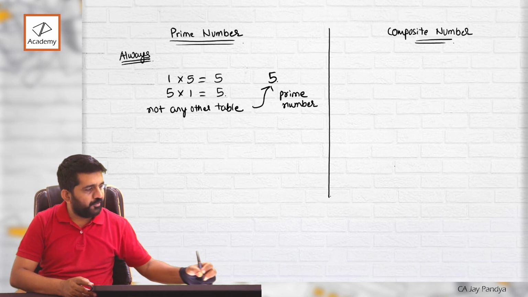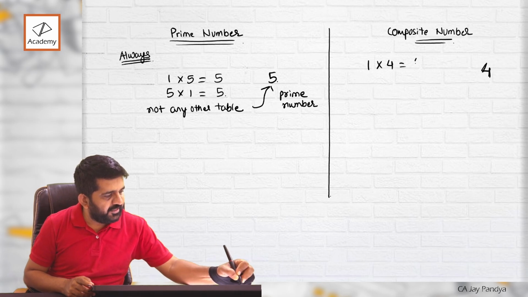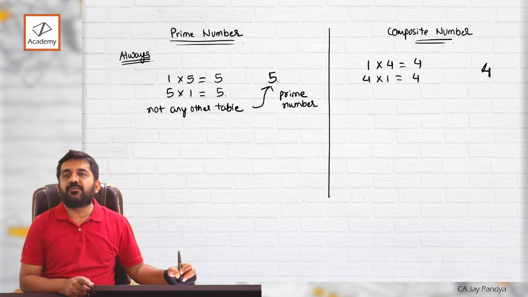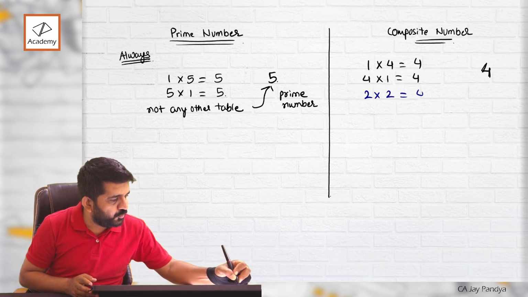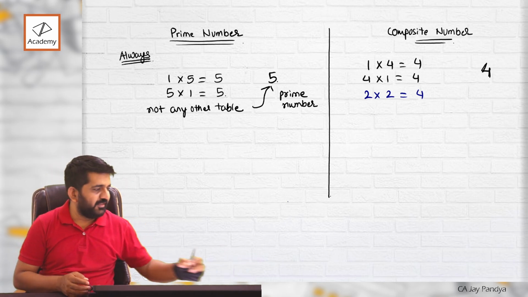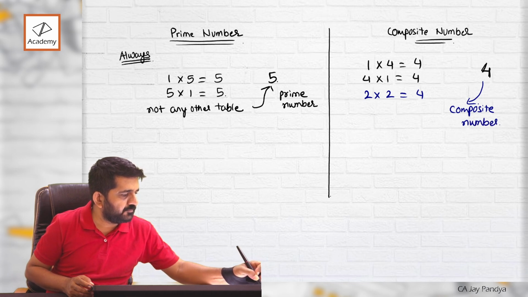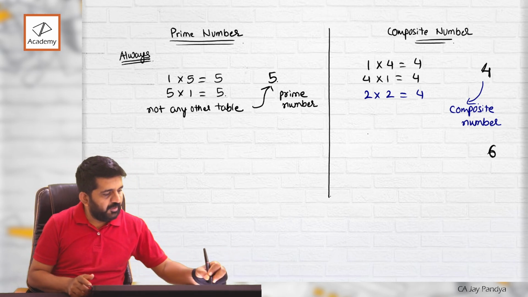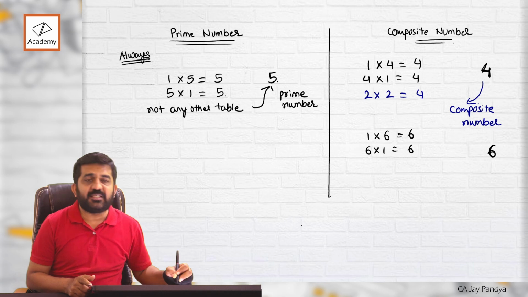Let me take 4. See again, as I told you, it will always be in a table of 1. It will always be in a table of itself. Is it in any other table also? Yes. 2 2s are 4. Then 4 is not a prime number, it is a composite number. Once again, 6. It will always be in a table of 1 and a table of 6.